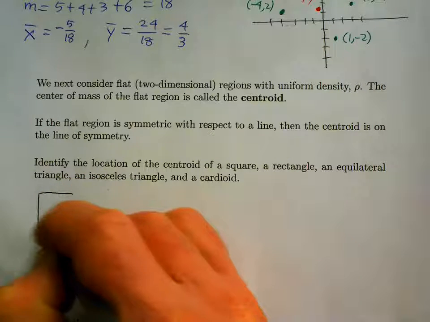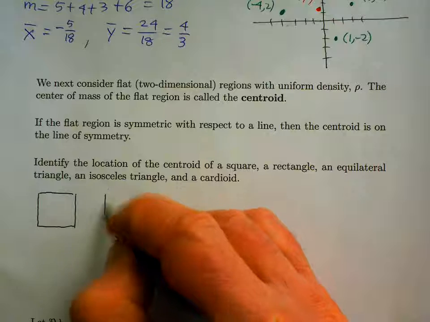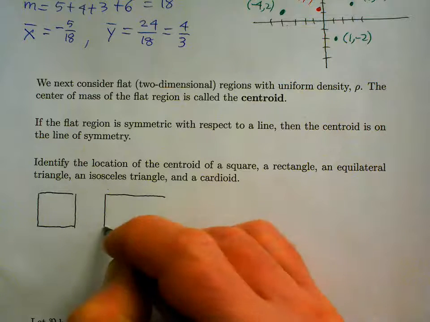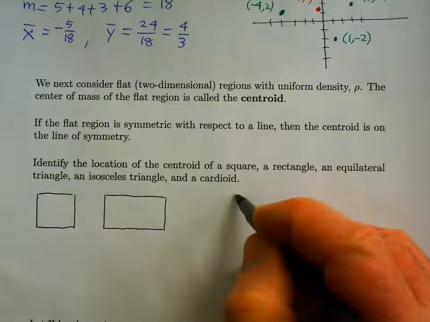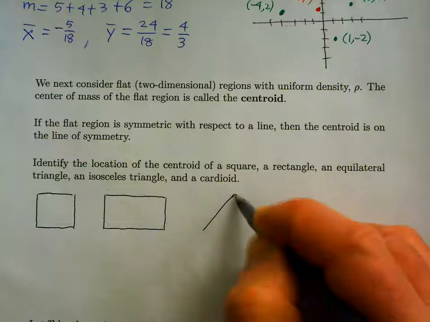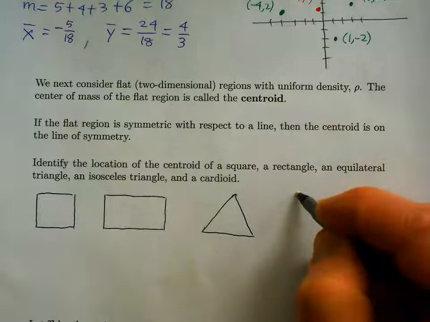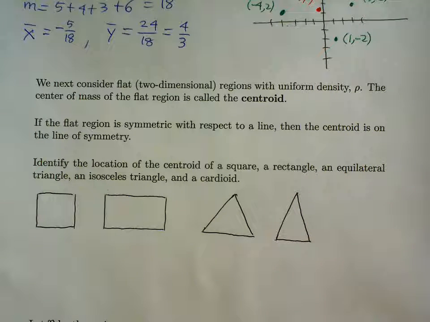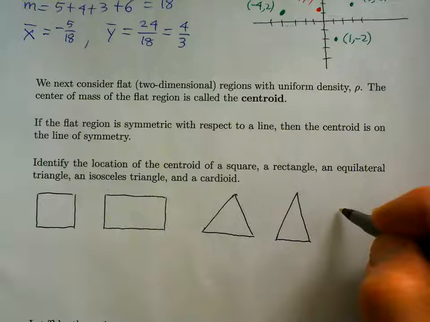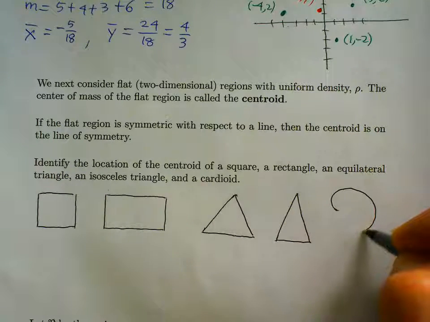So if we have a square of uniform density, and a rectangle, an equilateral triangle, an isosceles triangle, and a cardioid, it might look something like this.